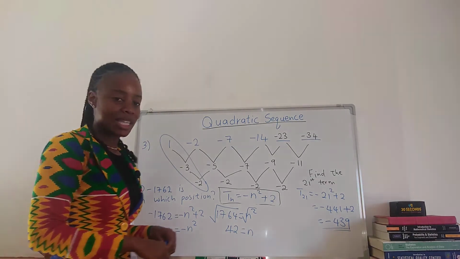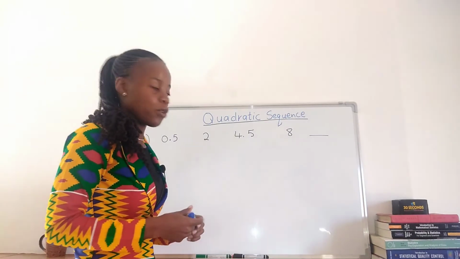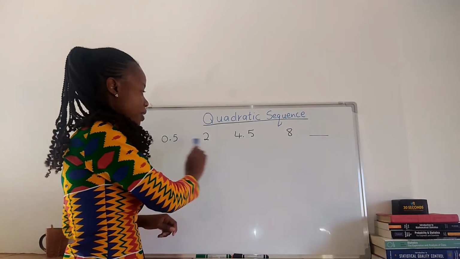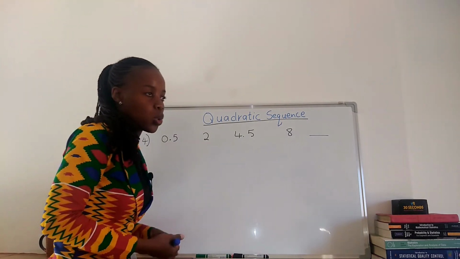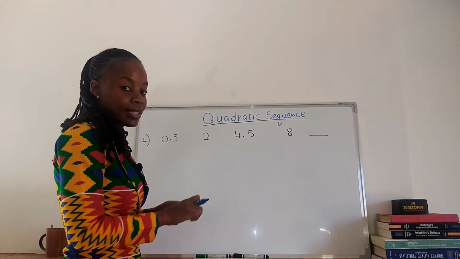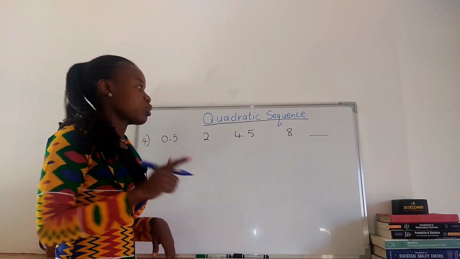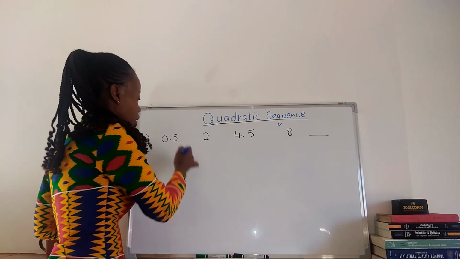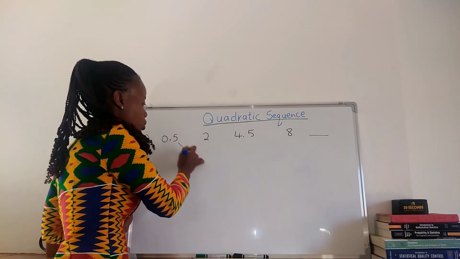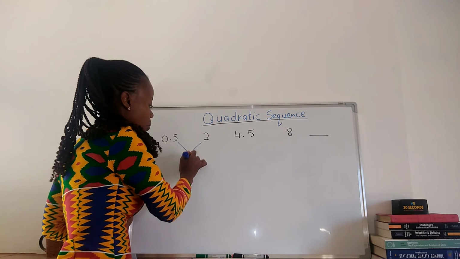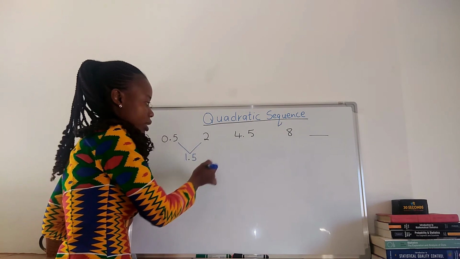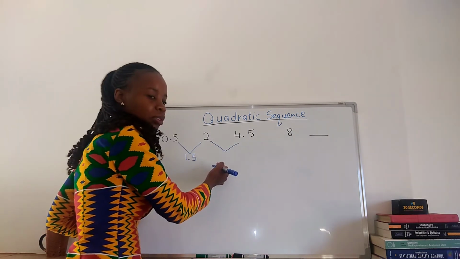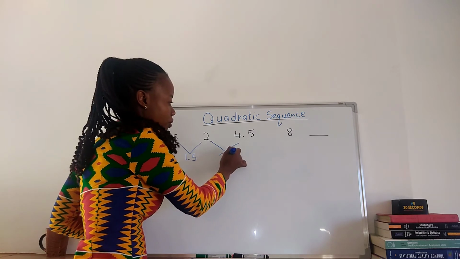Okay, now let's get to number 4. Number 4, we have 0.5, 2, 4.5, 8, dash. Let's find the next term and then the nth term expression for number 4. From 0.5 to 2, we have added 1.5, right? From 2 to 4.5, we have added 2.5.